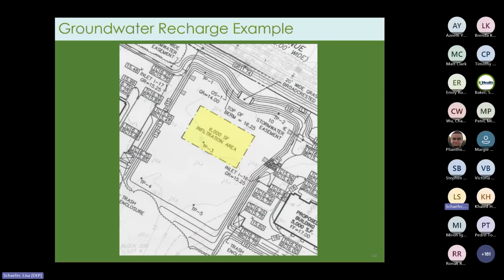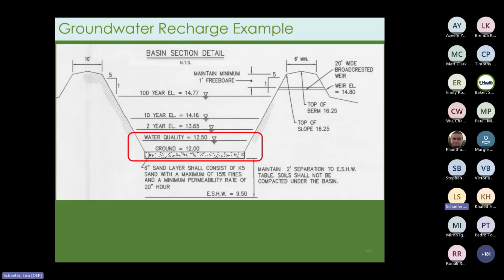So we have a BMP in which the center area is shown in yellow. It's designed to infiltrate stormwater over an area of 6,000 square feet. This is a sectional view of that infiltration basin, but note again that there's no vegetation on the bottom of the basin. The dBMP is the maximum water level before the water begins to overflow.